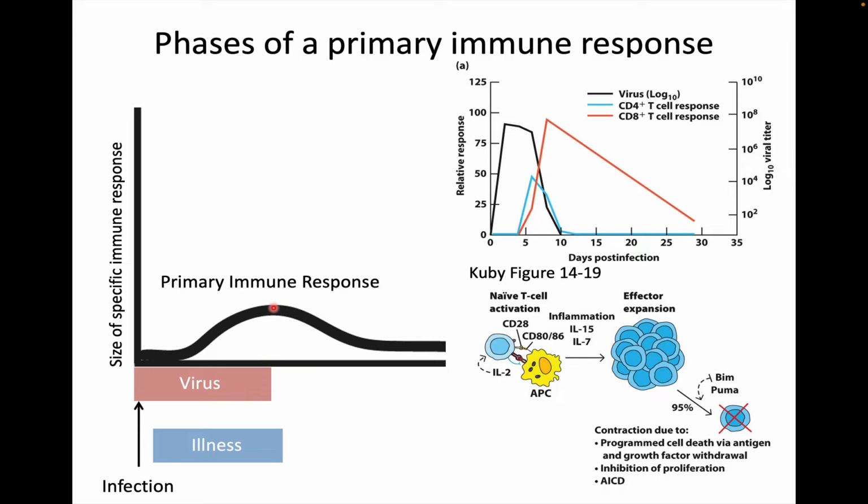But the key thing that you want to see here is that the peak level of our primary immune response, whether it's a B cell response or a T cell response, is going to go down over time once our antigen is gone. Notice that it does not go down to zero. We end up with more of a response than we had before. It wasn't 100% of those cells died. It was just a large majority of them.